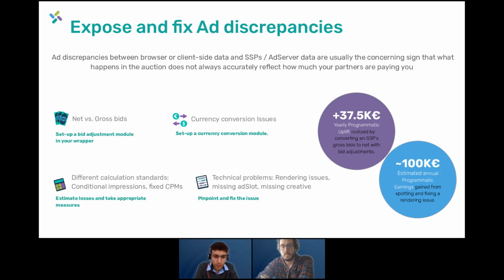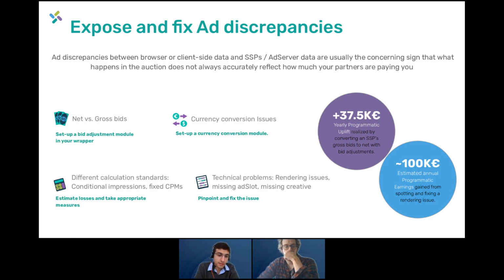So the most common one is if you are not adjusting for net versus gross bids. Basically, if you have an SSP that is bidding in gross, it will have an inflated CPM on the page compared to the CPM that will actually be paid to you. The problem with that is that if this SSP is competing with other partners on the page who are bidding with a net bid, then you are at risk of losing money. Let's take a very simple example.